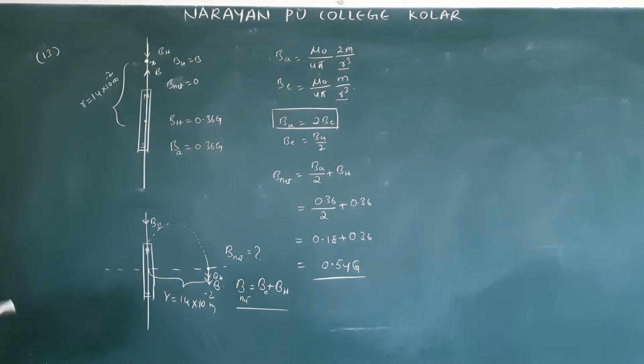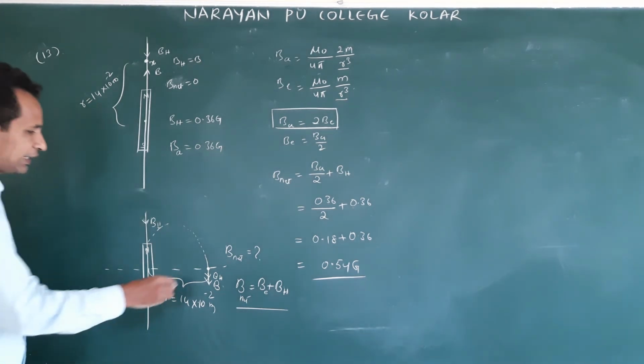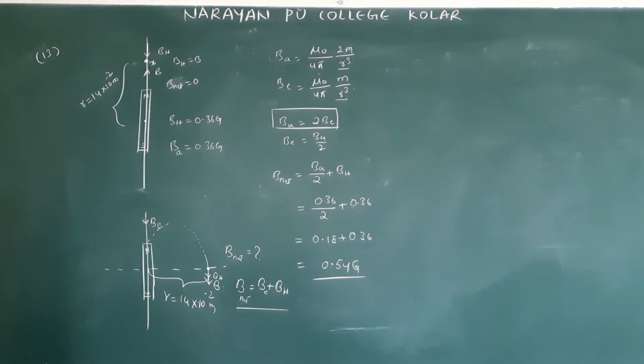Let me check this one. 0.54 in the direction of the earth field. The net field is also acting in the direction of the earth's magnetic field. Clear? This is one method.